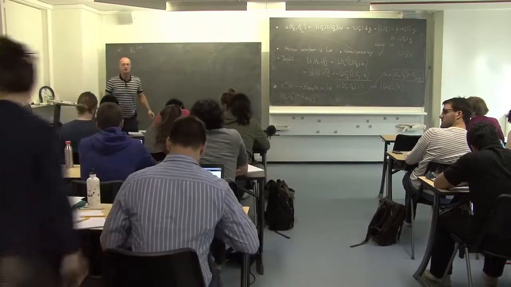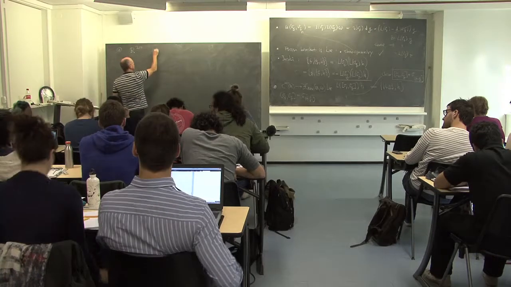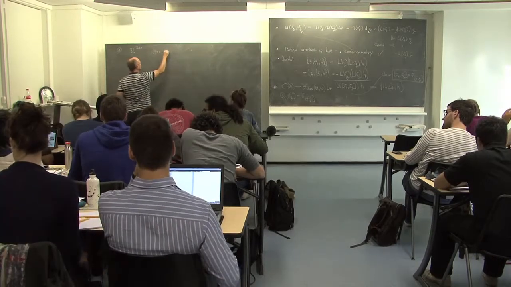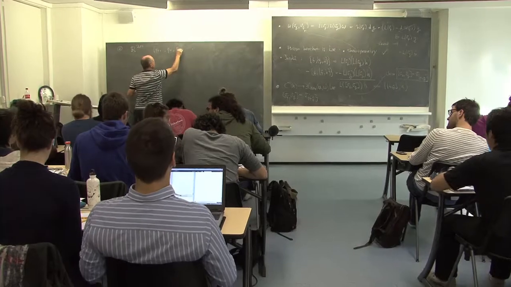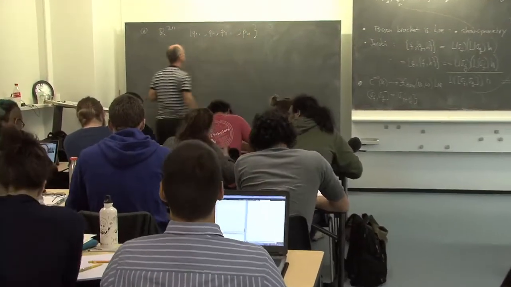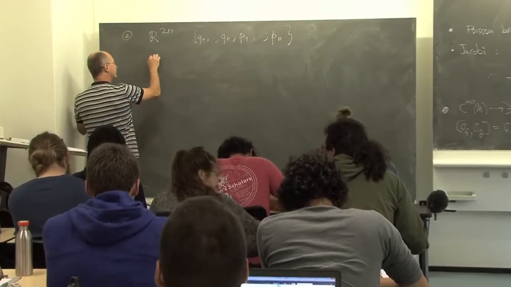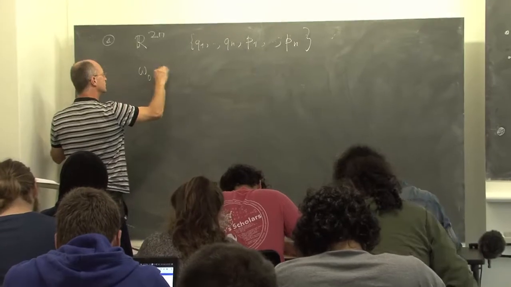We take the real vector space R^2n. Suggestively, we introduce a coordinate system with coordinates q1, ..., qn, p1, ..., pn, and we define a two-form.